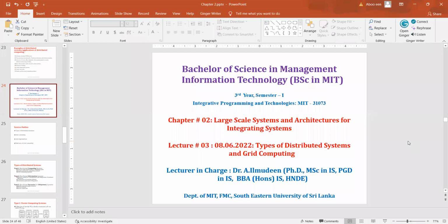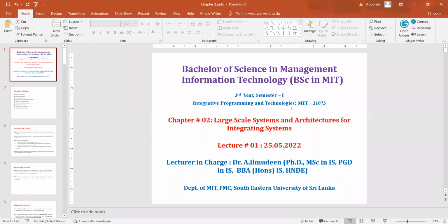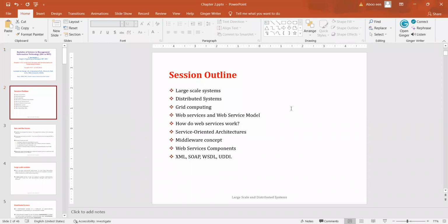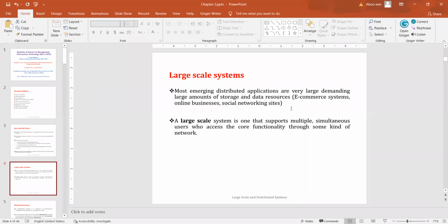Okay, great. In the last lecture we looked at large scale systems, and we discussed some aspects that come under distributed systems. So, any idea about distributed systems? What is a distributed system?